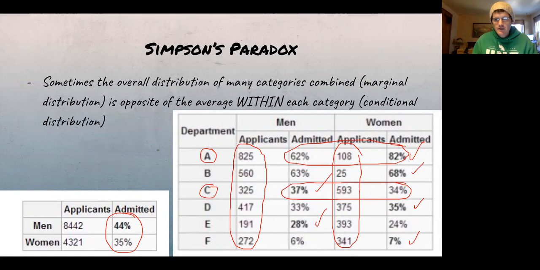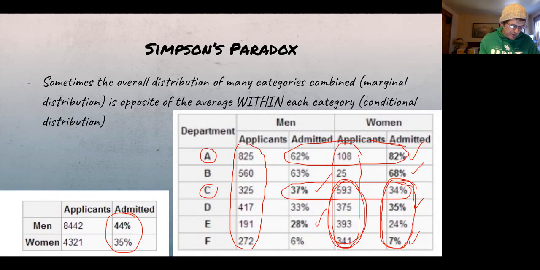If you look at these four down here, the four that women applied to the most, C, D, E, and F, all of them have more selective criteria. But men preferred these two colleges primarily, and they admitted way more people. So within individual colleges, there's no discrimination.